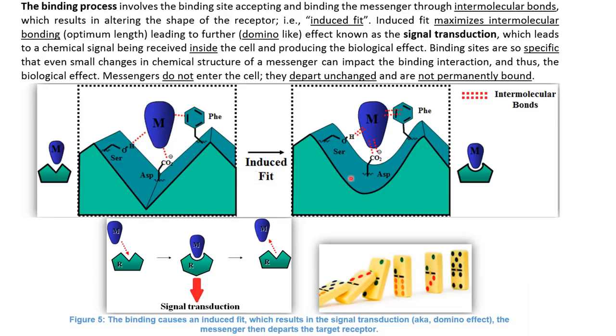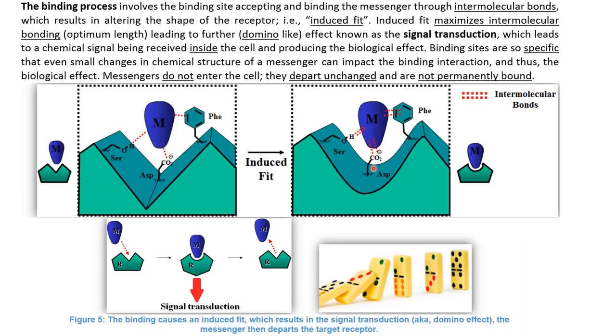Notice how the bonds here got stronger and the shape of the receptor has changed from this to that here. And notice also how as a protein we have some amino acids such as serine, aspartate, and phenylalanine binding to the messenger here and making these bonds stronger.